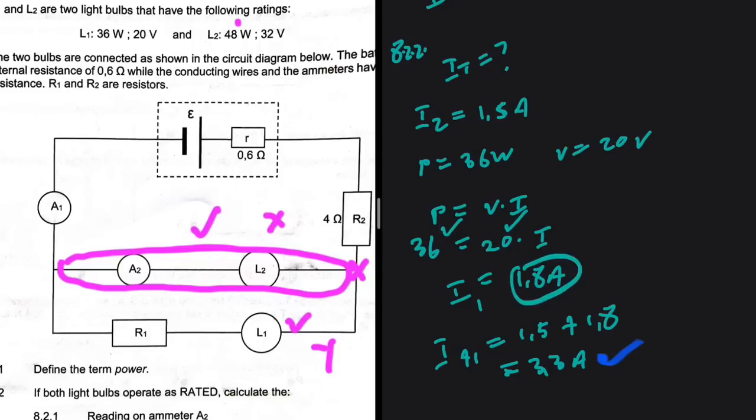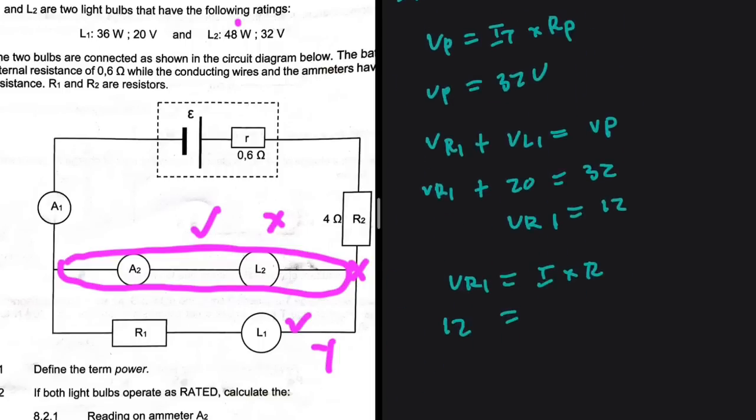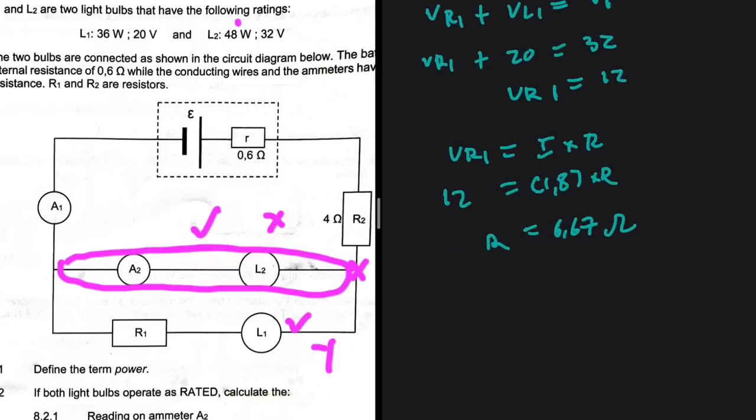The current is 1.8. So 1.8 passes through R1, and then multiplied by R. So R is equal to 12 divided by 1.8. This is 6.67 ohm, right?